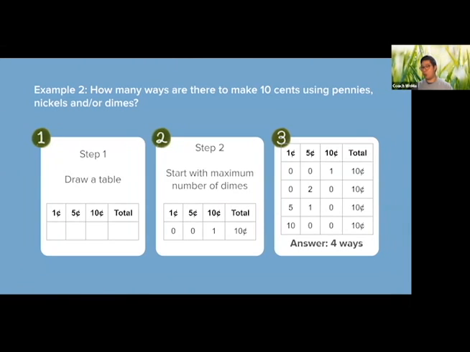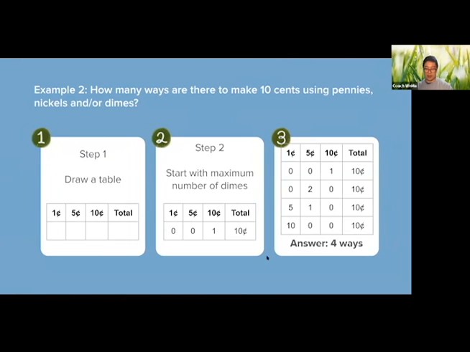What's the most number of nickels? 2 nickels. So that's another combination. And then if I'm not using 2 nickels, what if I just use 1 nickel? Well, then I have 5 more cents to use for pennies, and then just all pennies. So whatever you do, just make sure that you have a way of going through every single combination.